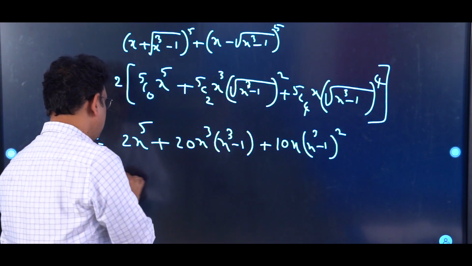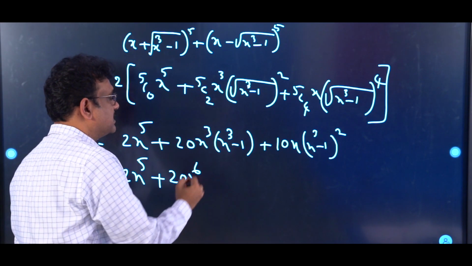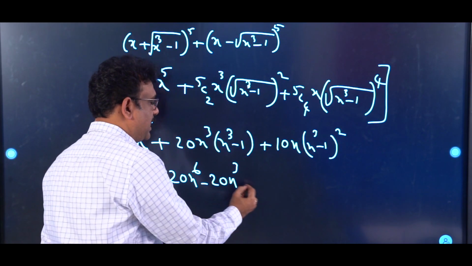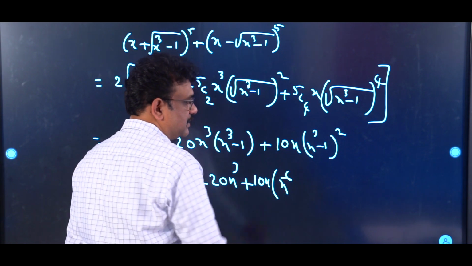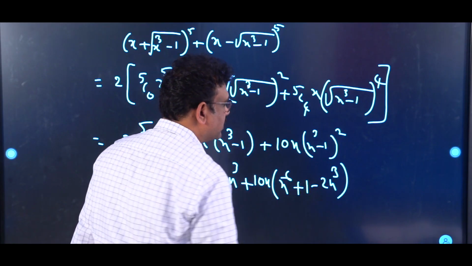So that is equal to 2x power 5, 20x power 6 minus 20x cube plus 10x, x power 6 plus 1 minus 2x cube.